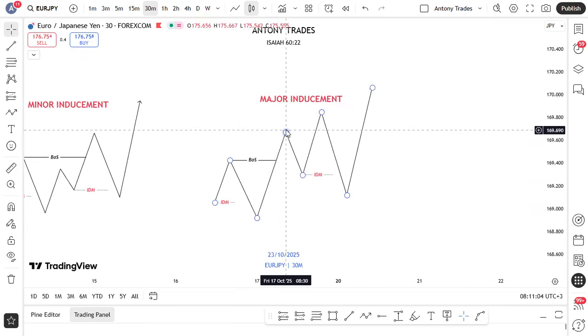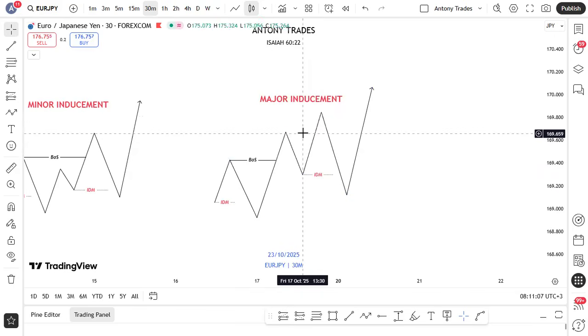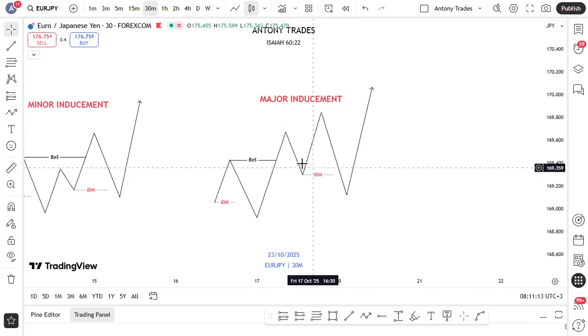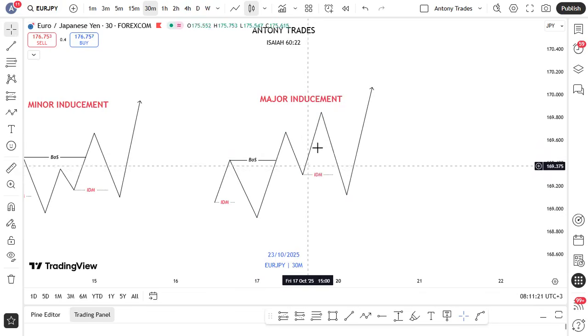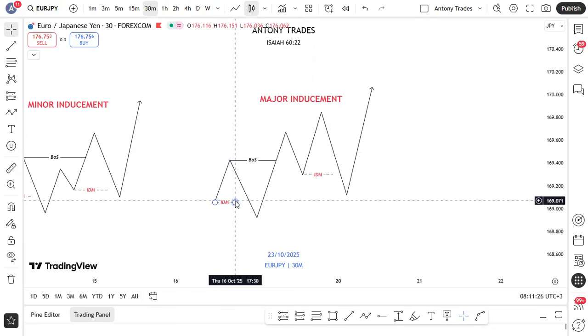Now that we have this pullback, then a break of structure. For me, this break of structure is what I call a fake break of structure. This low here, I know very well, will act as a trap. This low will be an inducement, a trap. So this is a trap set by the institutions, or we call them in quotes the big boys.